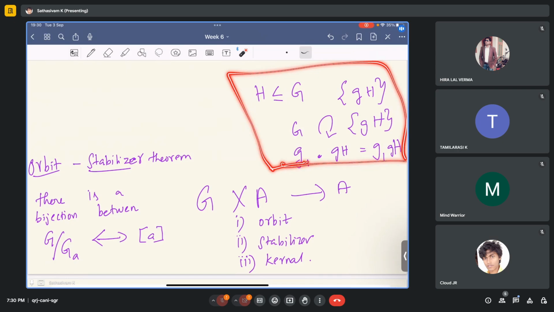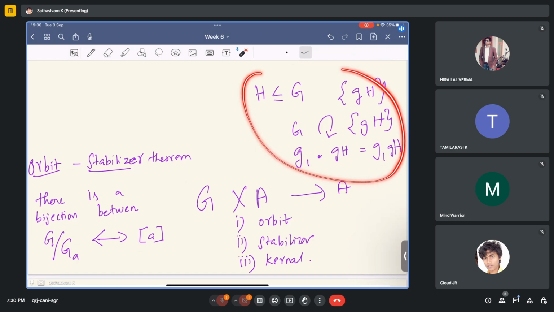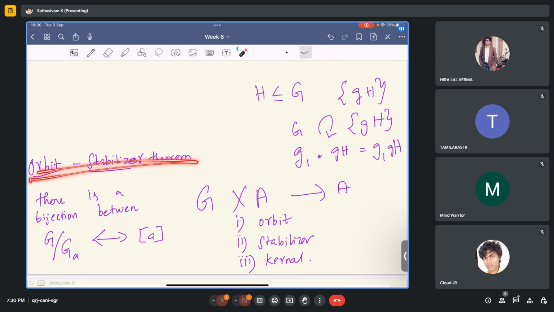Then if you look at the orbit stabilizer theorem with this particular action, what you get is basically the Lagrange theorem.